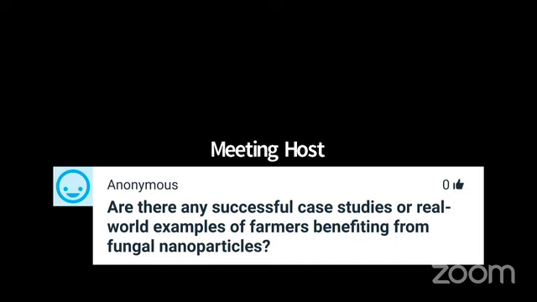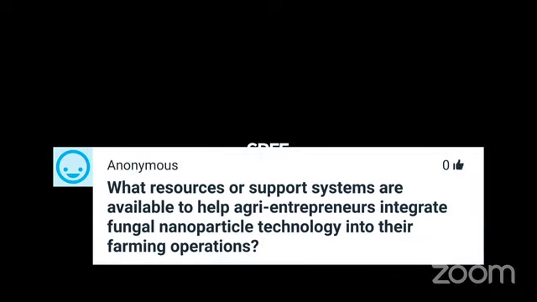Okay. So now we have the last question. Yes. What resources or support systems are available to help agri-entrepreneurs integrate fungal nanoparticle technology into their farming operations? Okay, the resources, like you can say, are nanotechnology labs, wherever they are concentrating on this research.